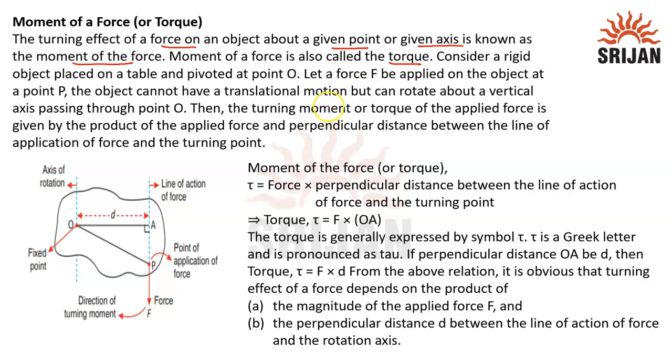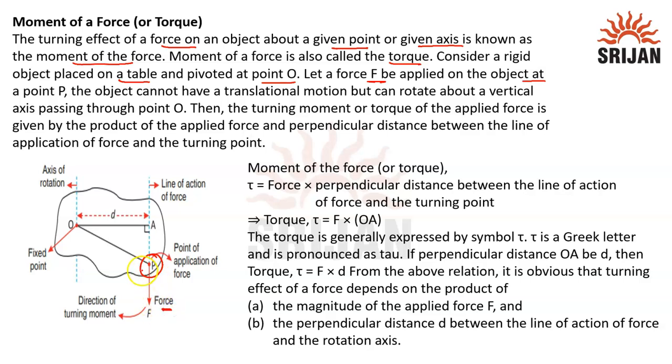Here let's consider a rigid object that is placed on a table and pivoted at point O. This is the point O and here the object is pivoted, meaning it is fixed on the table. Let a force F be applied on the object at a point P. So we are applying the force on this object at point P, and the force is applied in this direction.